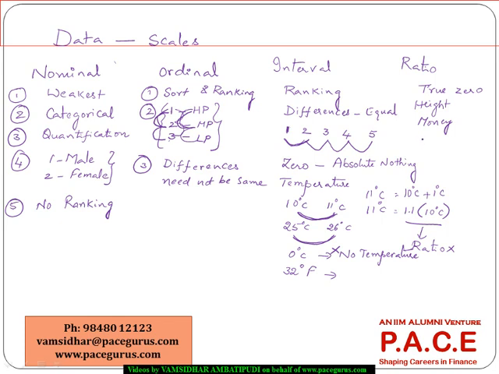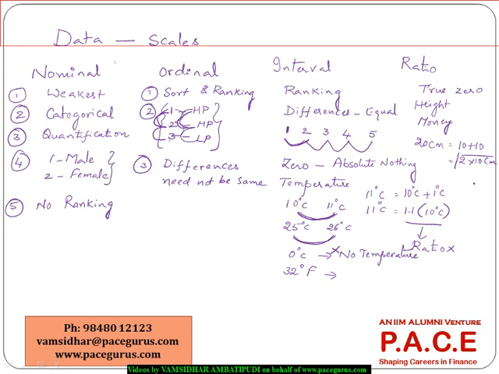When I am saying height is 20 centimeters, I can say it is 10 centimeters plus 10 centimeters, or twice that of 10 centimeters. So both the multiplicative relation as well as the additive relationship can come out using the ratio scale of data.